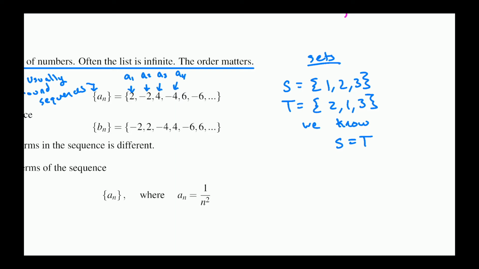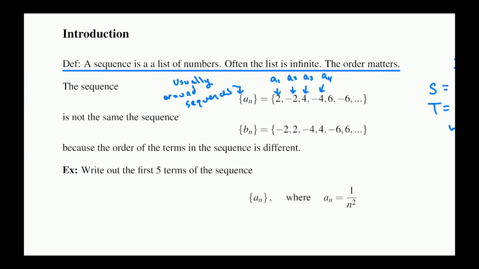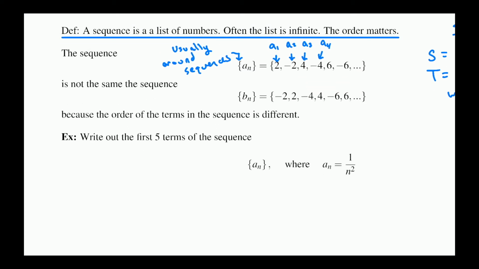Or if you use the subset definition, S is a subset of T and T is a subset of S, and therefore S is equal to T. But that does not work for sequences, because it's not just what numbers are in the sequence, it's what order they are in. I think that should be clear.